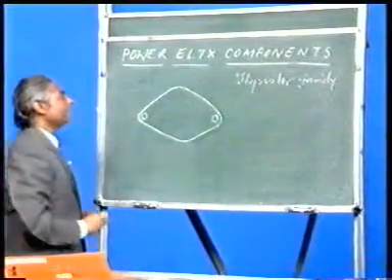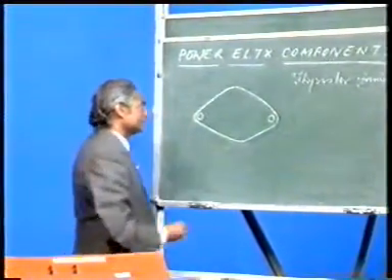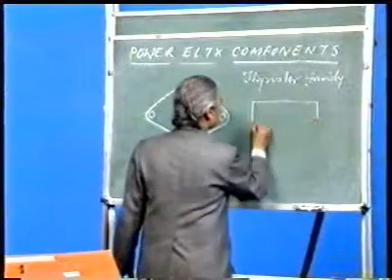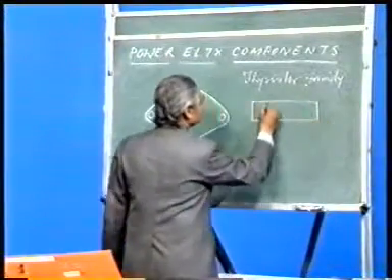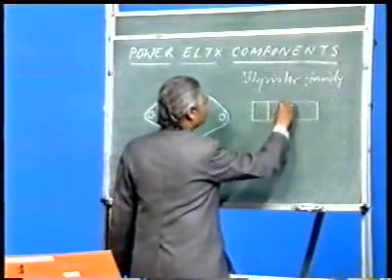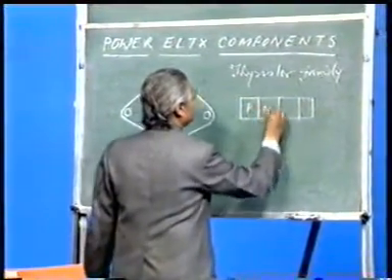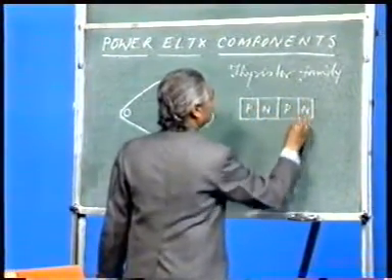SCR is a 4-layer semiconductor device, as I have already told you. So the layer diagram can be drawn like this: P, N, P, N.